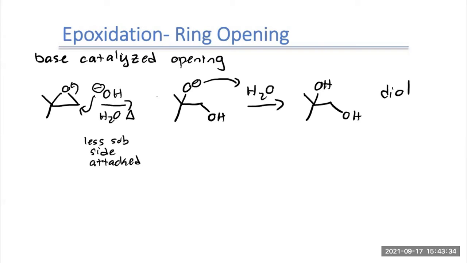And we can still see we have that anti-conformation. So with these base openings, we're always going to attack the less substituted side in a base catalyzed opening of an epoxide.